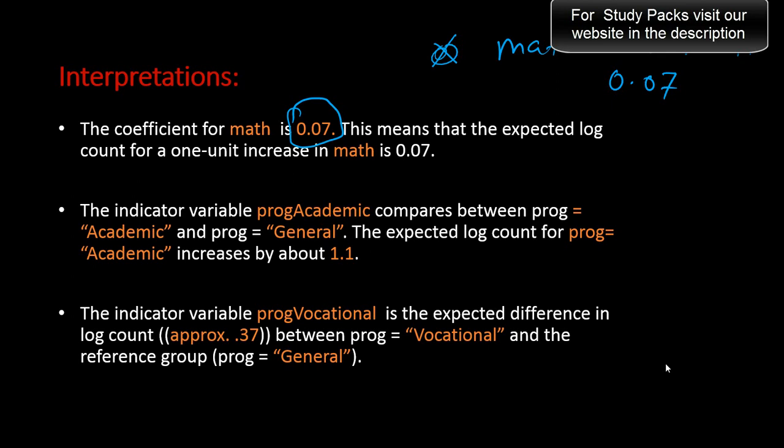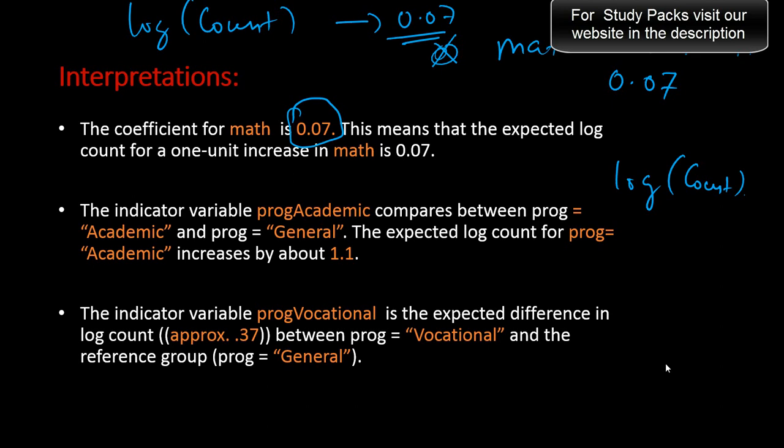The expected log count, or the log of the count of awards, because remember we are modeling the count of awards, the number of awards won by the students. If the score on maths is increased by 1 unit, the corresponding increase in the log of count, not count, the log of count of awards, is 0.07.